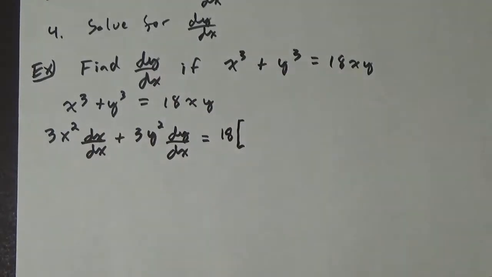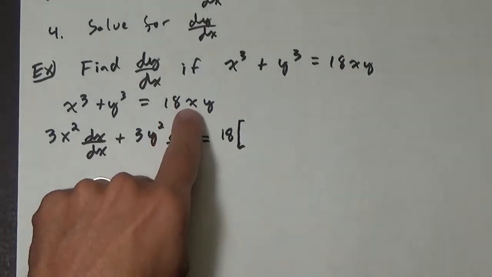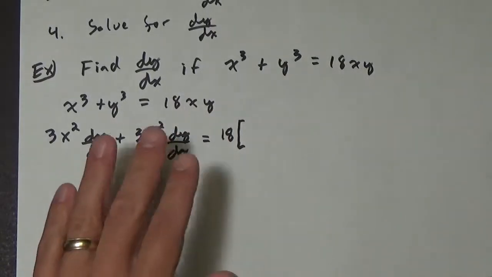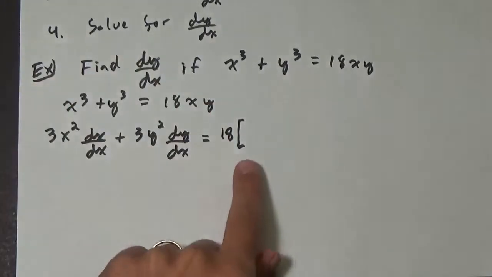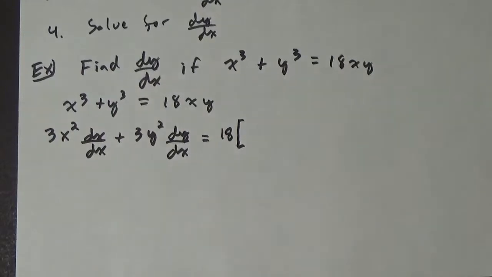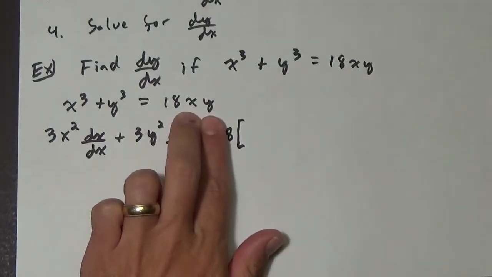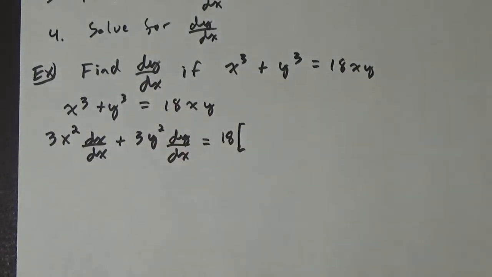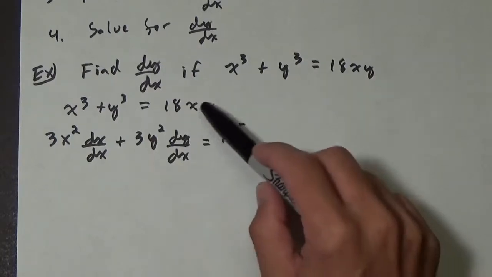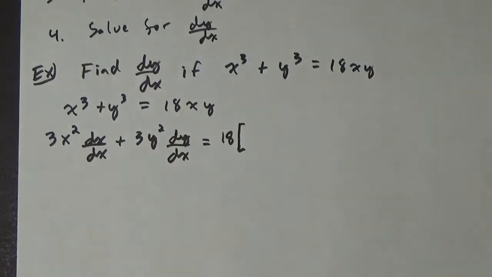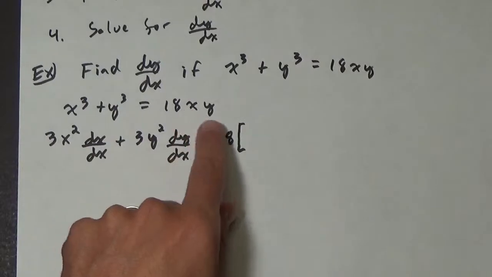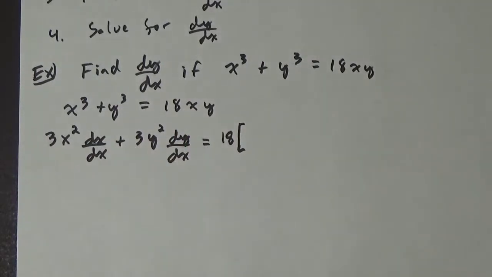Now, you have to make a decision. Either this 18 has to go with one of the functions, or you put the 18 out front like I'm going to do here, and then we'll take the derivative of this inside these parentheses. And so I'm going to do the second option. Now remember, this is a product, x times y. So we've got to take the derivative of that product.